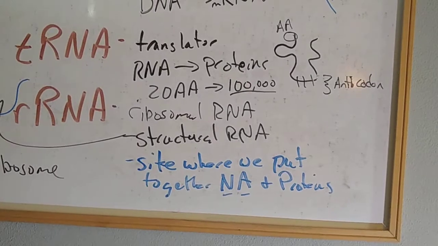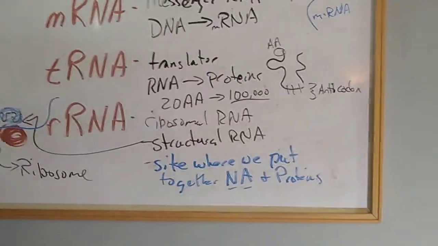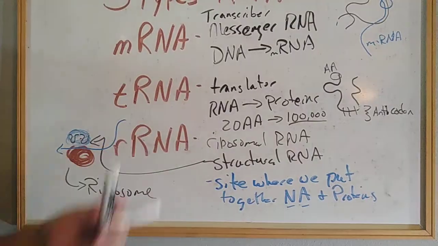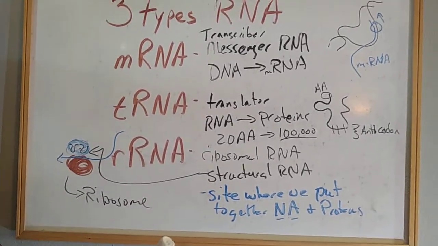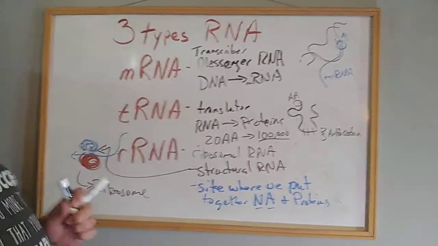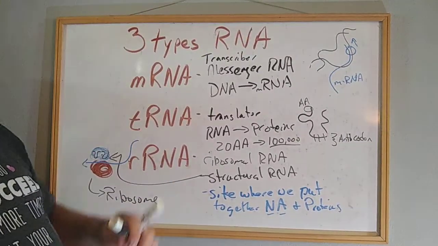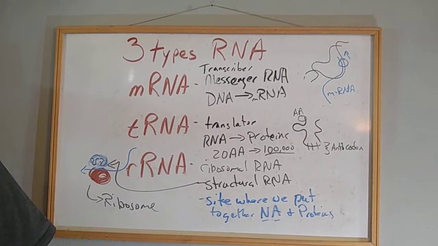We can just put it that way too. This is what's going to happen right here. So those little ribosomes that we find in all kinds of cells, whether eukaryotic or prokaryotic, floating around in the cytoplasm, attached to the rough ER. This is where we make our proteins. They have to come from our DNA. They're going to get transcribed into messenger RNA.